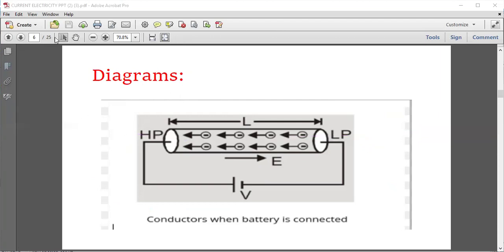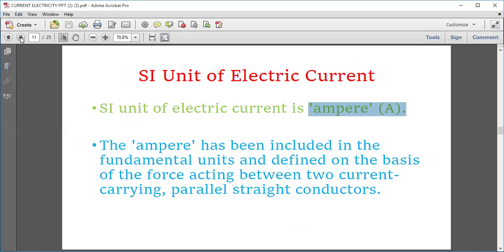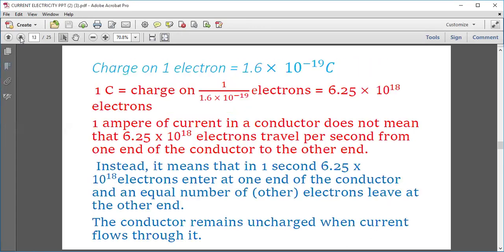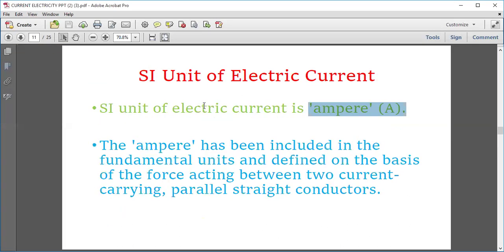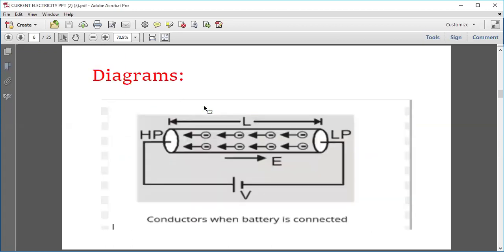Now see here what will be the direction of flow of current. Already I told that the direction of flow of current is opposite to the direction of flow of electrons in a metallic conductor. As you can see in this slide, perhaps I explained here, electrons are moving from low potential to high potential.